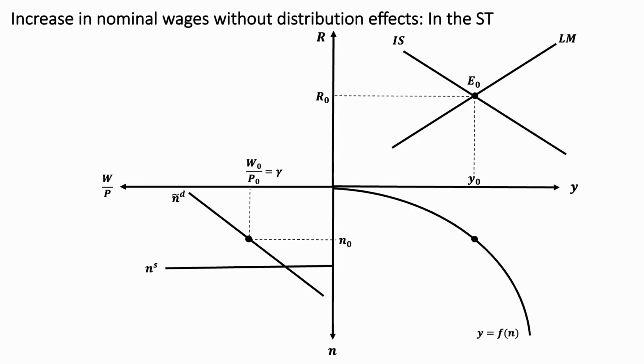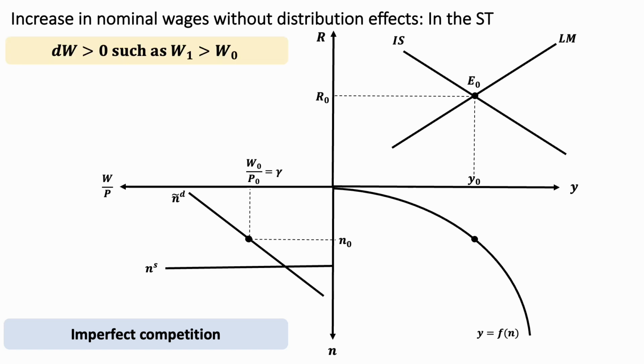Let's now look at what happens in the short term. Before the shock, our economy was at its initial long-term equilibrium in imperfect competition with monopolistic competition and a fixed negotiated real wage. Then, the economy faces an exogenous shock on nominal wages, dW higher than zero.